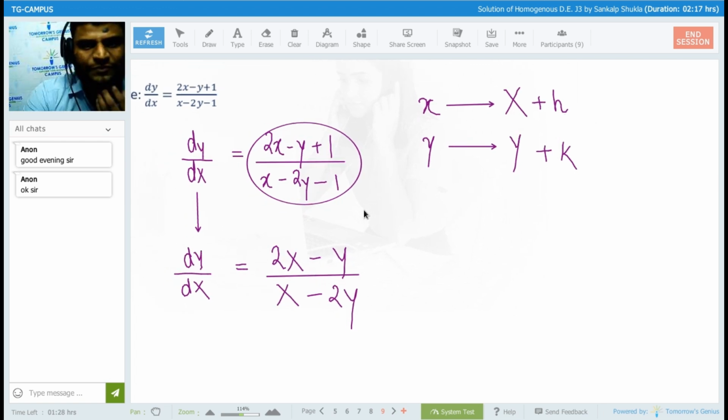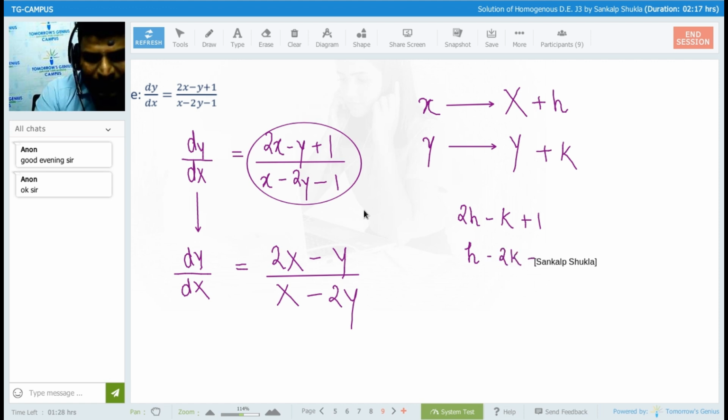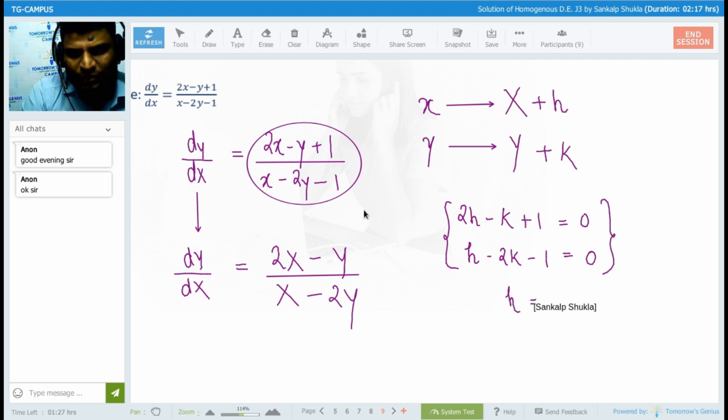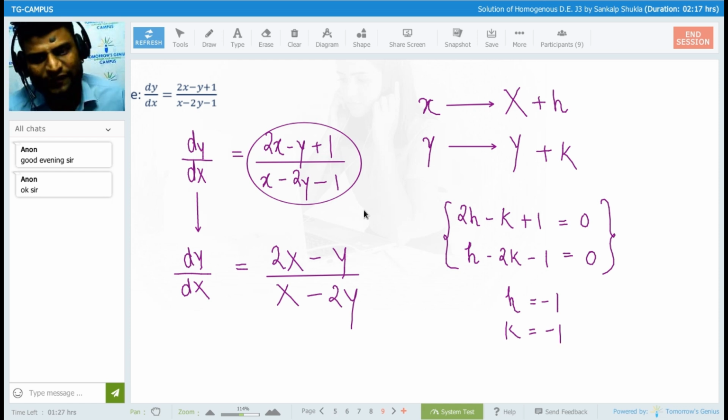So 2h minus k plus 1 is 0, and the second equation is h minus 2k minus 1 is 0. If you solve these two equations, h will be minus 1 and k will be minus 1.